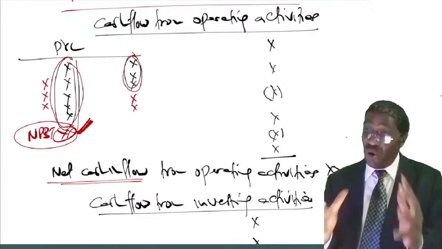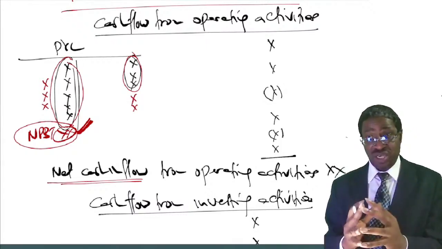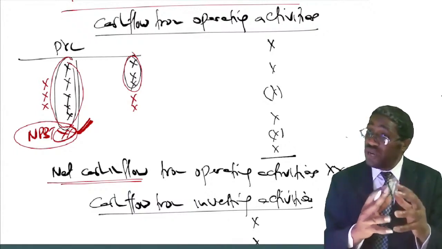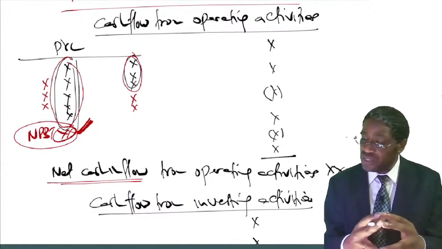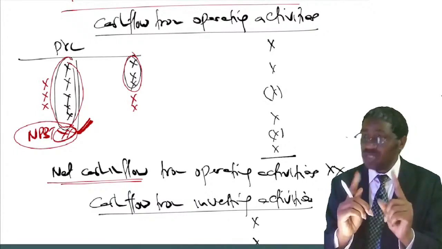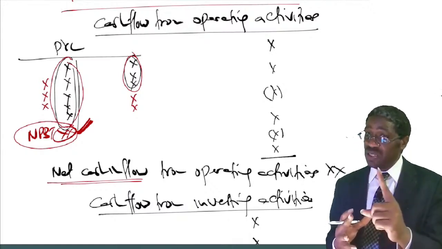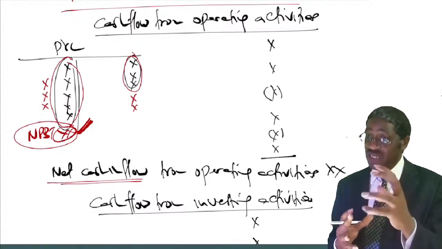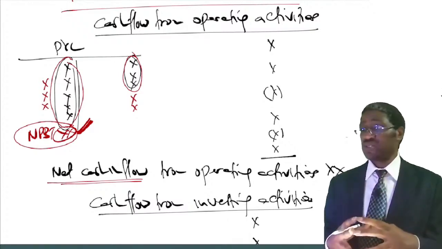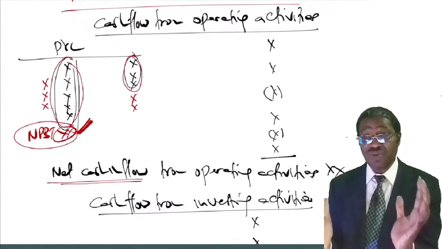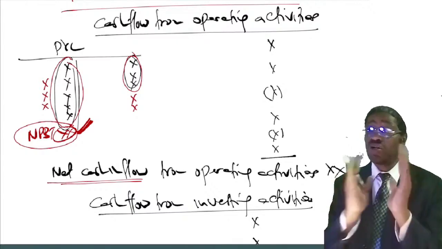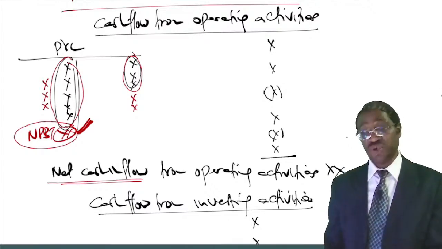There could be things you debited as an expense where no cash was paid, or something you credited as a revenue or a gain where no cash was received. But according to the rules of accounting, you are not wrong.